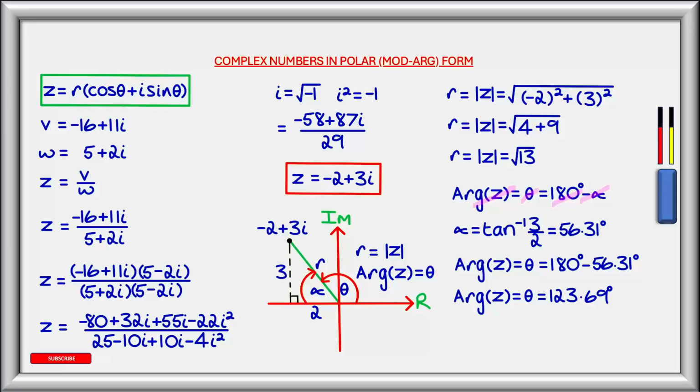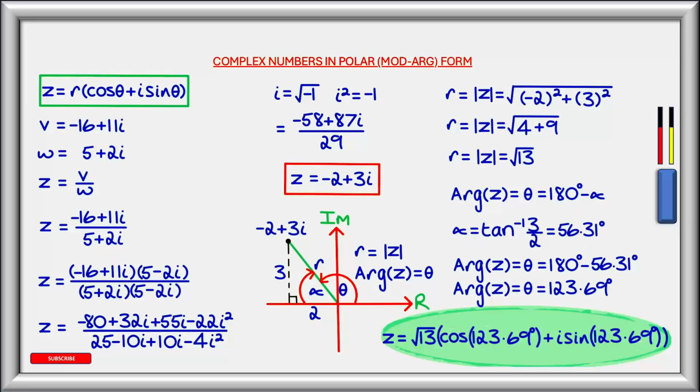Basic trigonometry gives alpha is equal to tan to the minus 1 of 3 over 2, which is equal to 56.31 degrees. So arg z is equal to 180 degrees minus 56.31 degrees. So arg z is equal to 123.69 degrees, and that's correct to 2 decimal places.